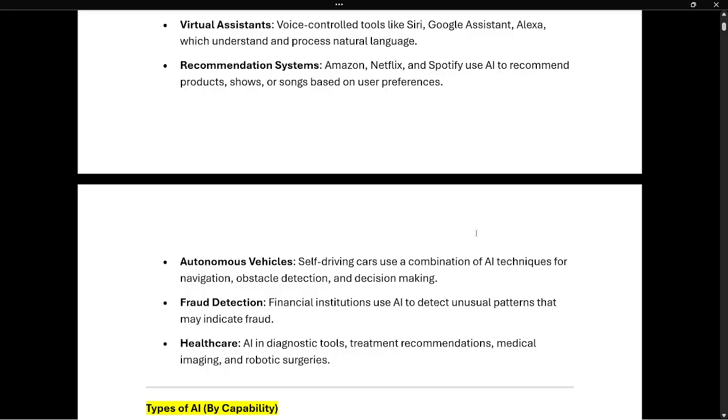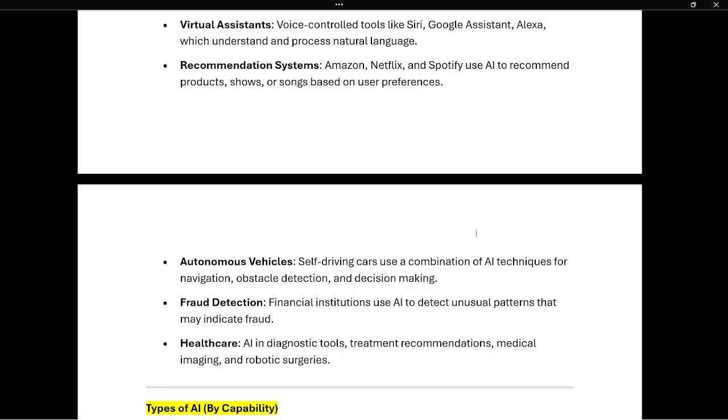We use credit cards, so how does fraud detection work, spam filtration, fraud detection. Based on certain unusual patterns, they detect fraud. We will see each and every application in upcoming videos.